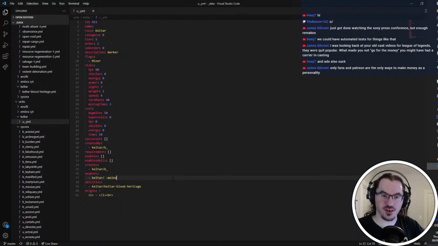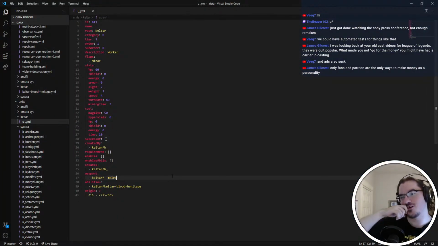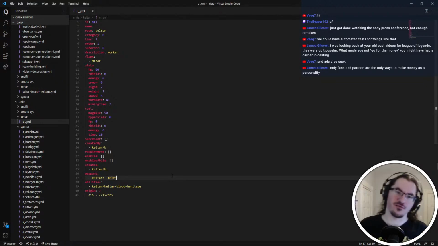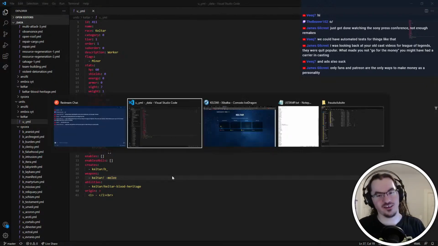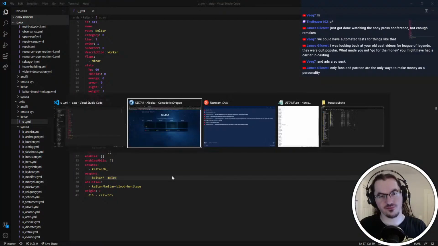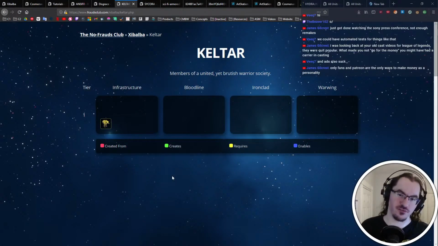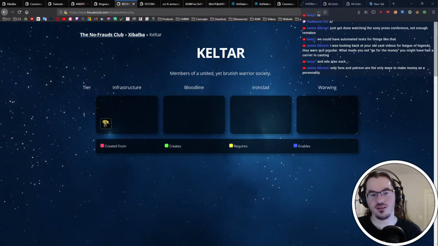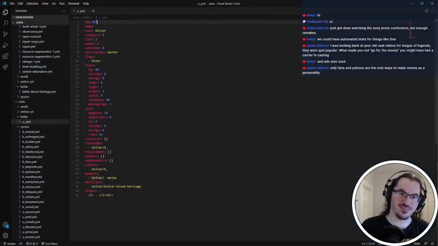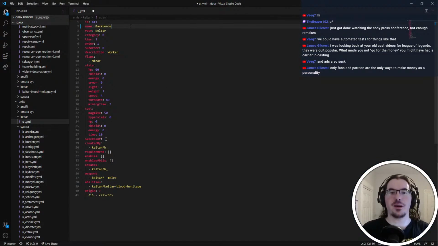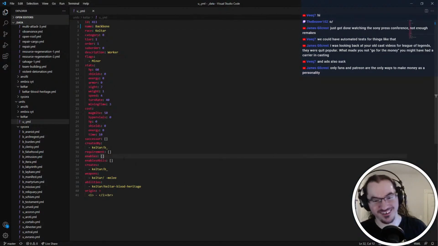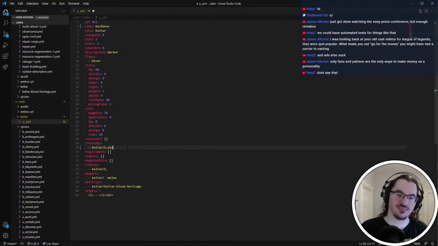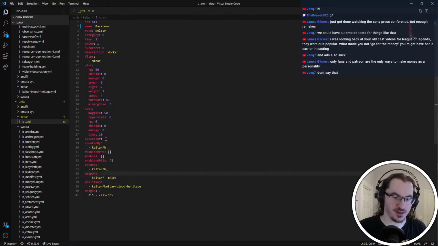But I'm pretty pleased with the idea of really laying it on about the sort of combative nature of the Keltar. And so I was thinking about, oh, okay, here we go. We'll call him the Backbone. That's an epic name, to be honest.